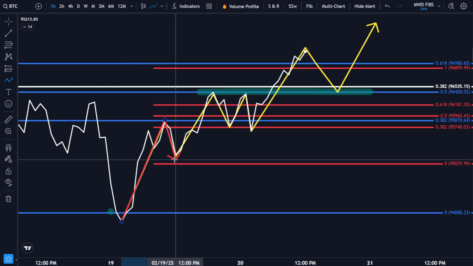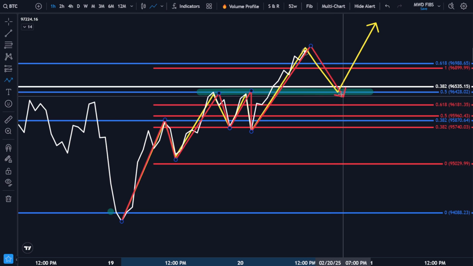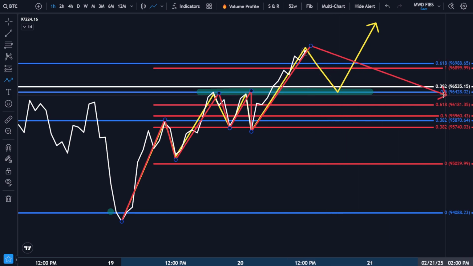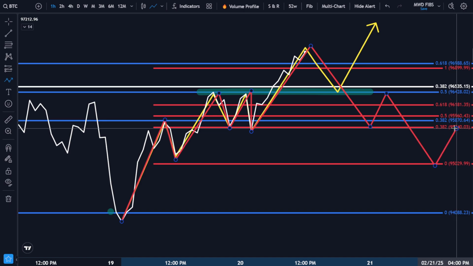So high, higher low, higher high, higher low, higher high, higher low, higher high, and if it does a pullback and the 0.5 level of the weekly fib that we just did won't hold, it might go down here at the 0.382 of the daily or the weekly Fibonacci, and it will do a retest on the 0.5 of the weekly fib, and if it's not going to break, then it's going to be another downtrend.